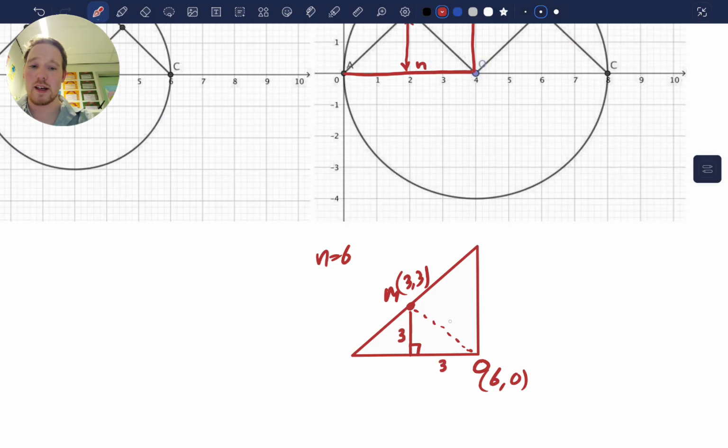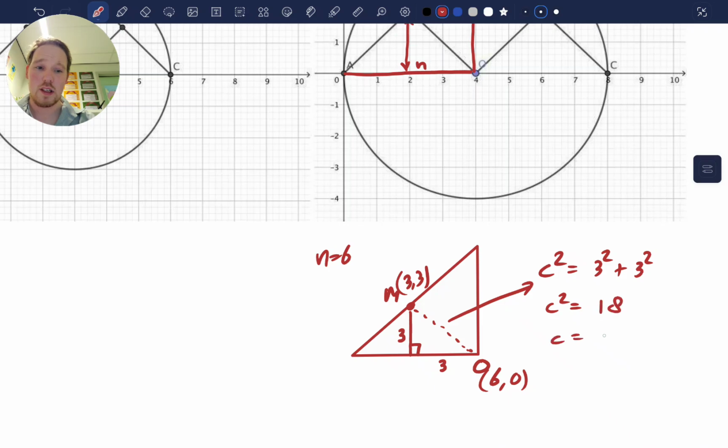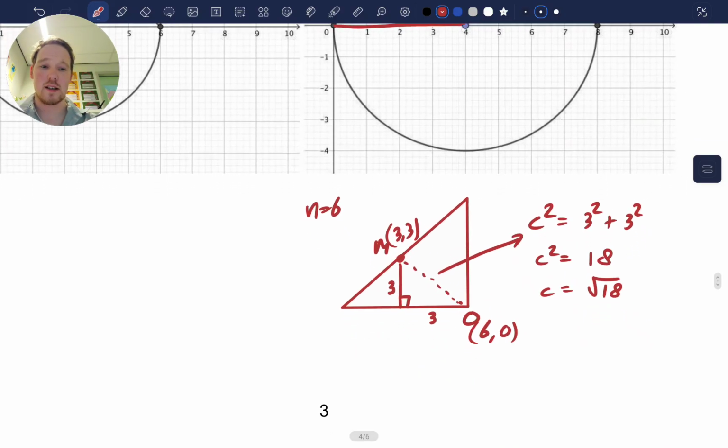So this diagonal length, let's call it C for a moment. We know that C squared is equal to 3 squared plus 3 squared. So C squared is equal to 9 plus 9, 18. So C is equal to the square root of 18. What is the square root of 18?